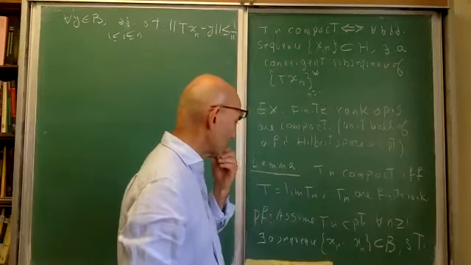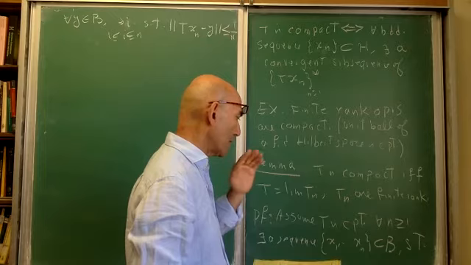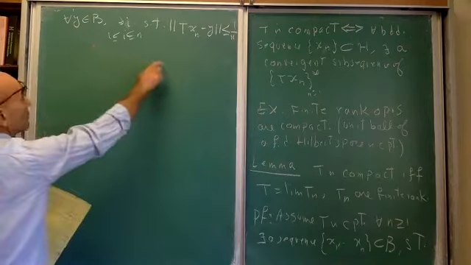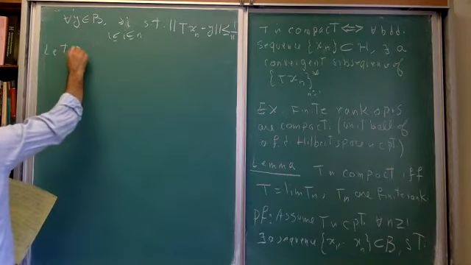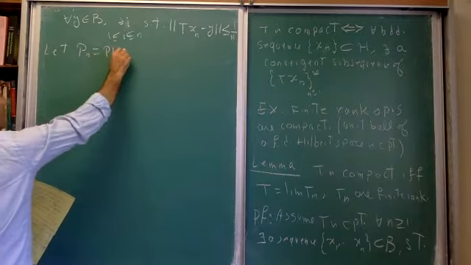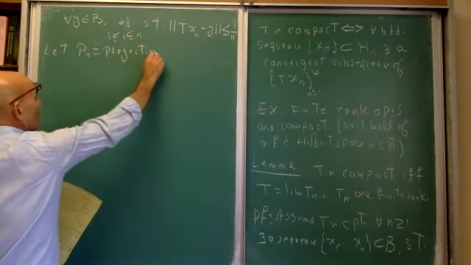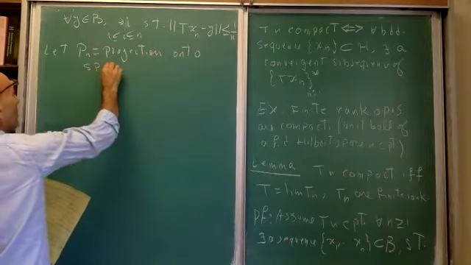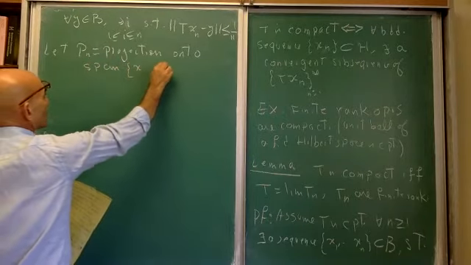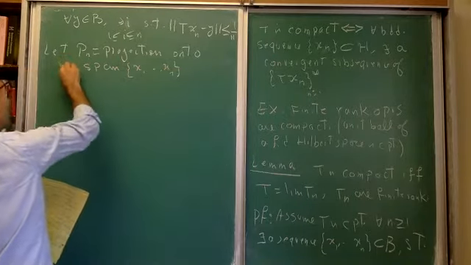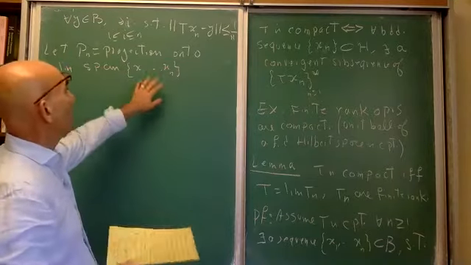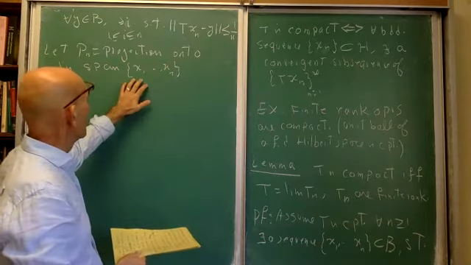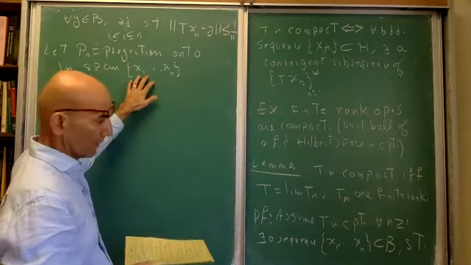Then we can take the projection onto the subspace generated by these points. So let Pn equal the projection onto the linear span of x1, ..., xn. It's a finite dimensional subspace, so it's closed, and there is a unique projection operator onto this subspace.